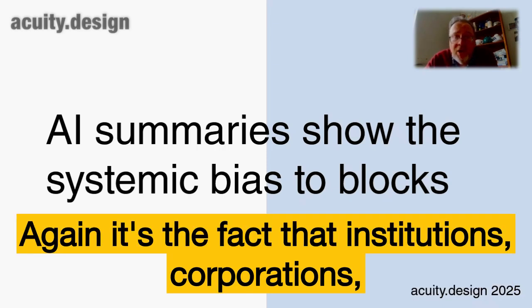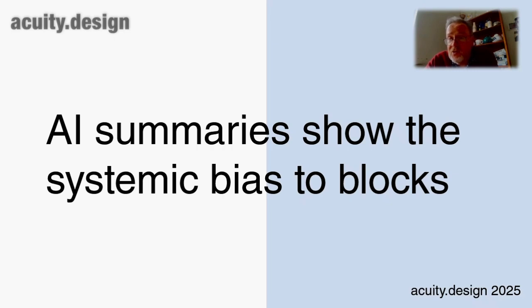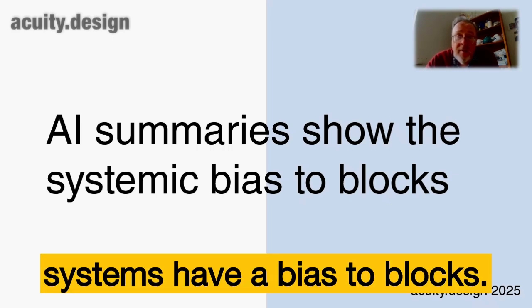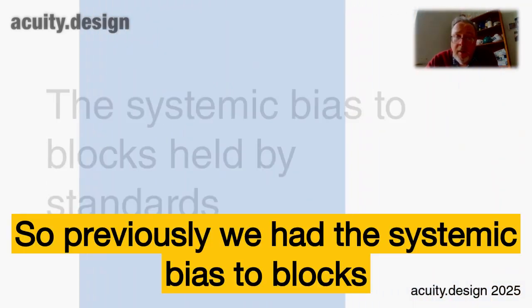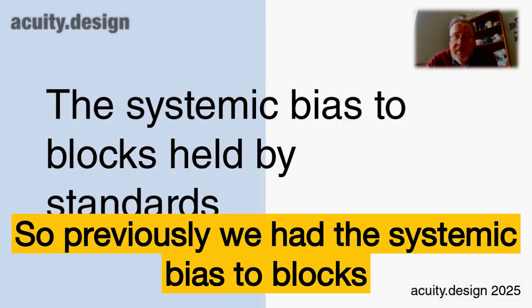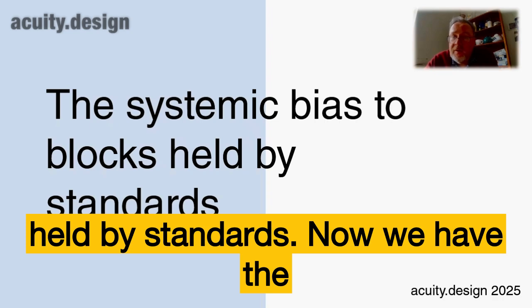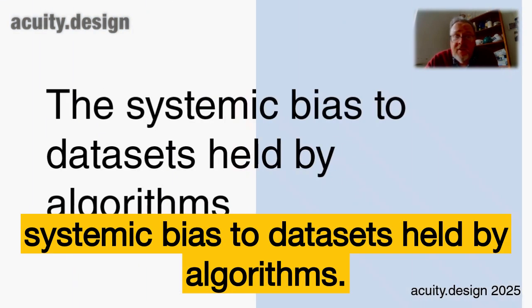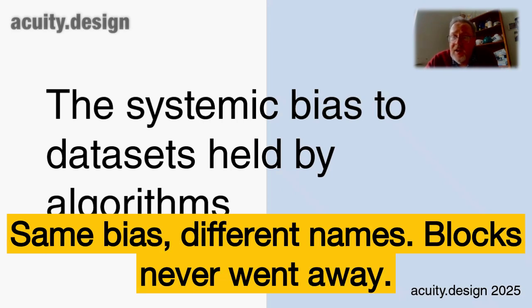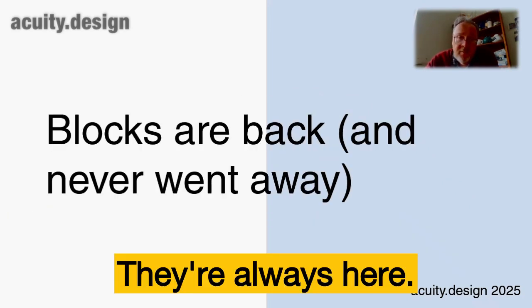And again, it's the fact that institutions, corporations, systems have a bias to blocks. So previously we had the systemic bias to blocks held by standards. Now we have the systemic bias to data sets held by algorithms. Same bias, different names. Blocks never went away. They're always here.